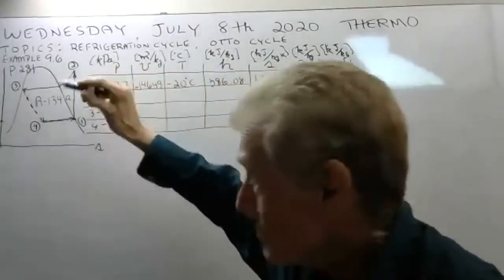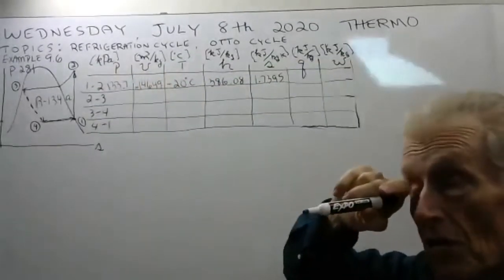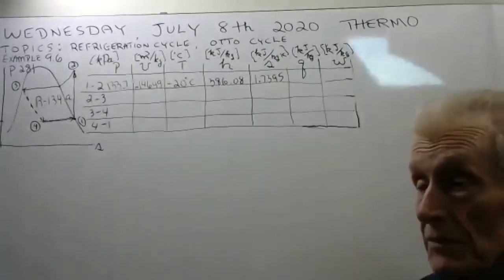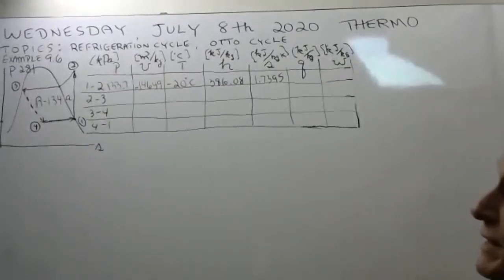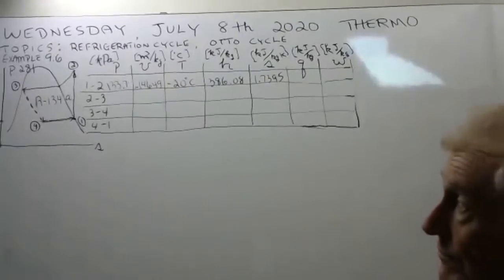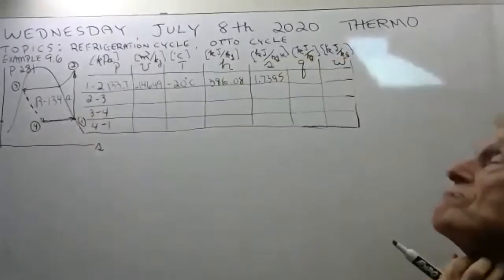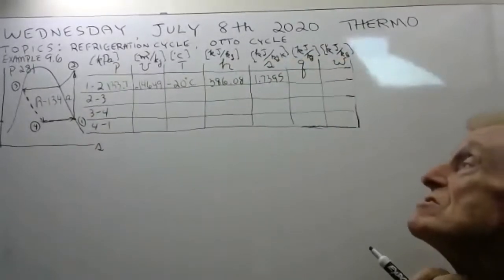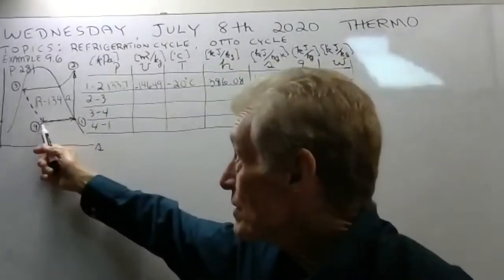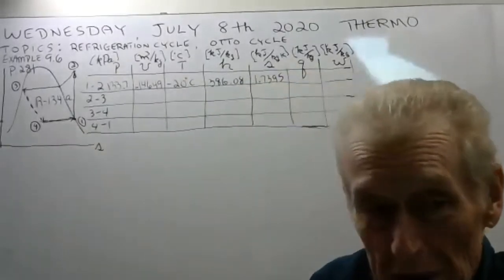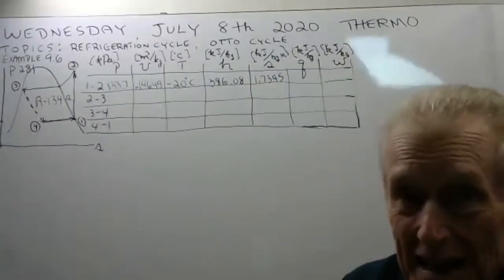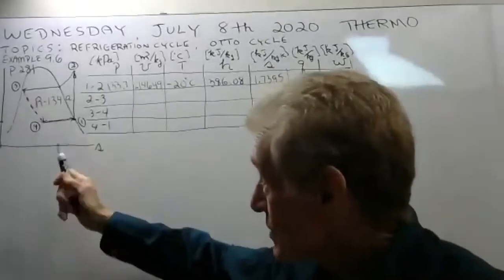1 to 2 is an isentrope. Well, it's an adiabat, a reversible adiabat. 2 to 3 is an isobar. 3 to 4 is an isenthalp, constant enthalpy. 4 to 1 is an isobar.